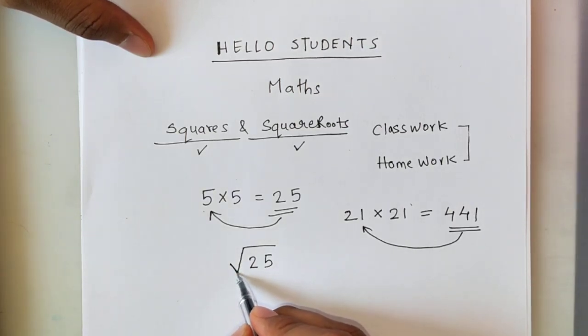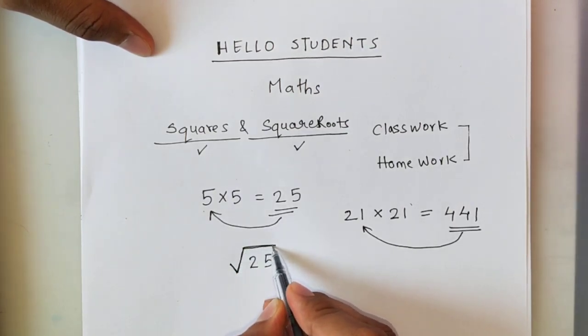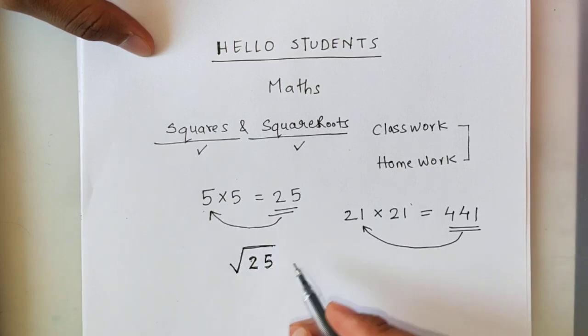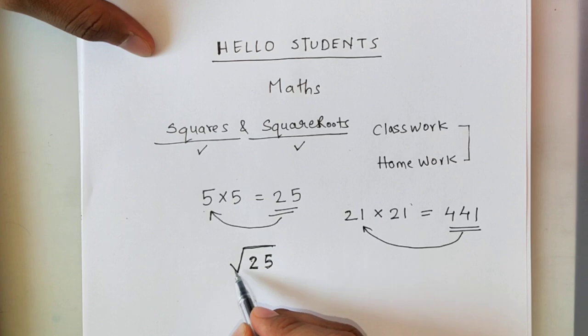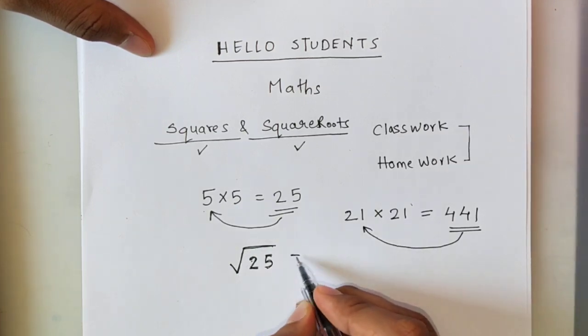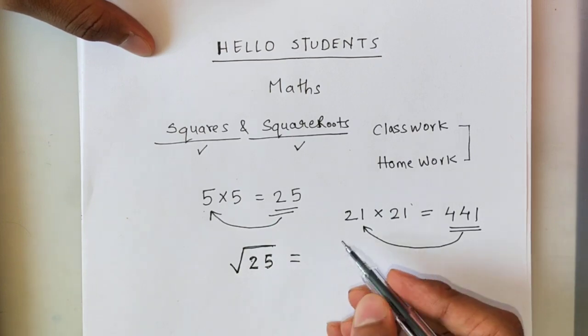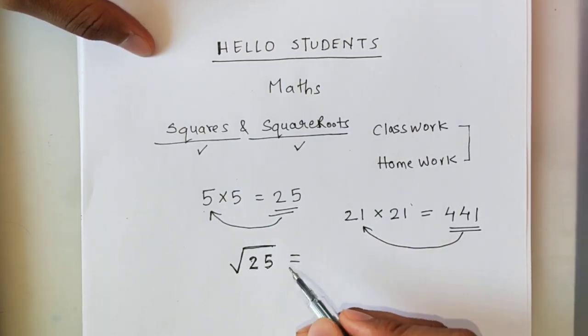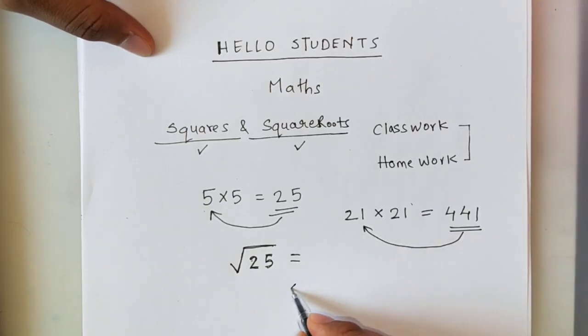This sign means square root of which number? The number which is written inside. So this means I want to find the square root of 25. Square root of 25 means they are asking you, 25 is a square of which number? What does square root mean?